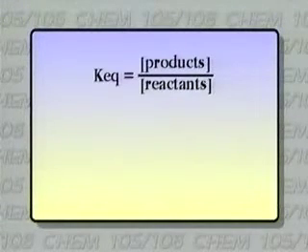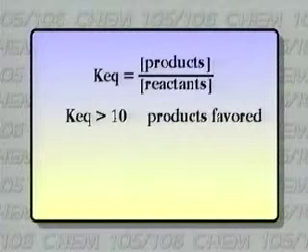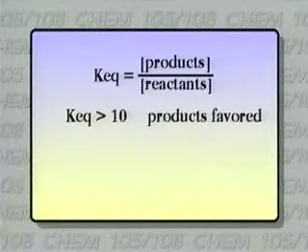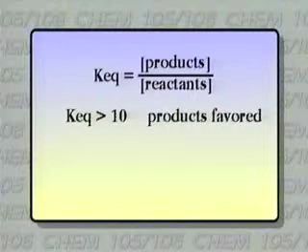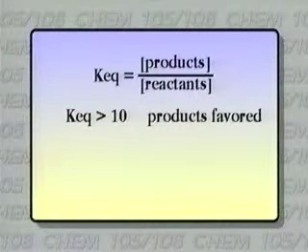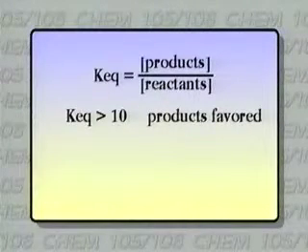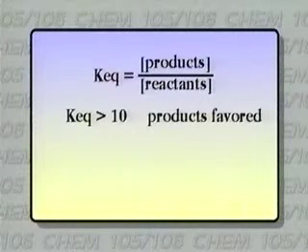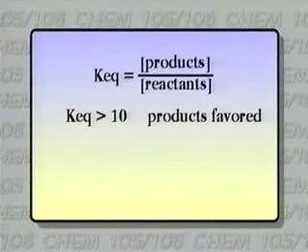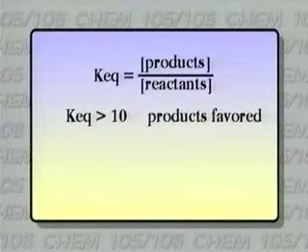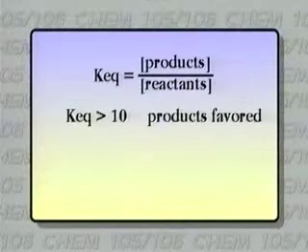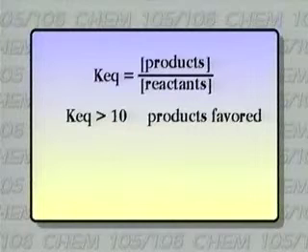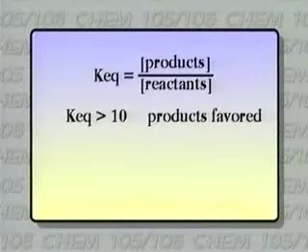If the equilibrium constant has a value greater than 10, it tells us that when equilibrium is reached, there must be a lot more product than there is reactant. Or in other words, there's 10 times as much product as reactant when equilibrium has been reached.